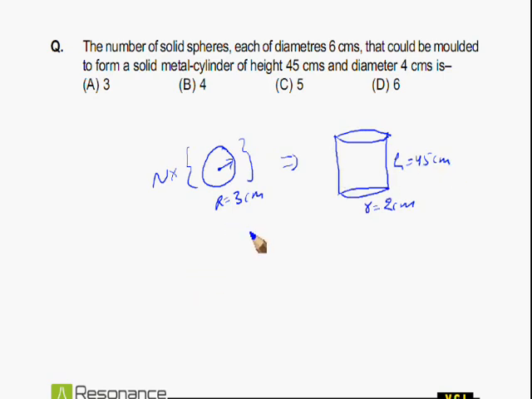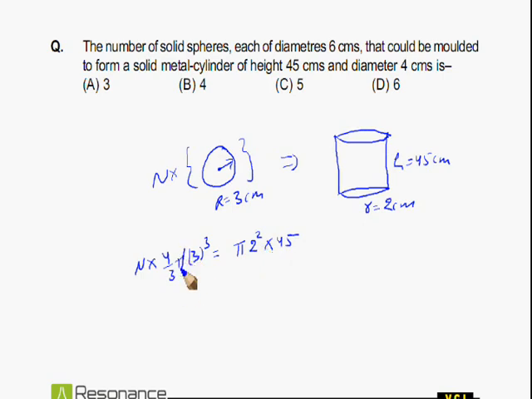cm. Now when we convert these n spheres into this cylinder, the volume remains the same. So the volume of these n spheres is equal to the volume of this cylinder. So n into the volume of the sphere, 4 upon 3 pi r cube, that is 3 cube, is equal to pi r square h, that is r is 2 square into 45.